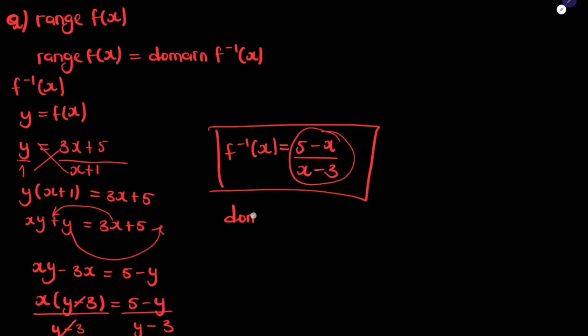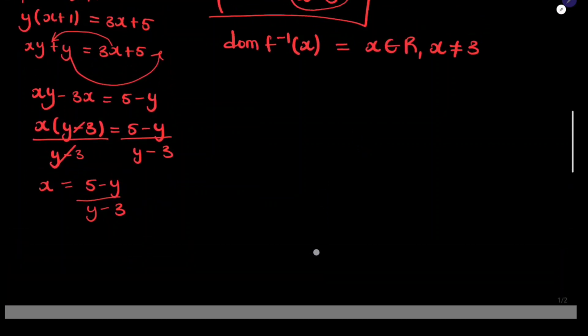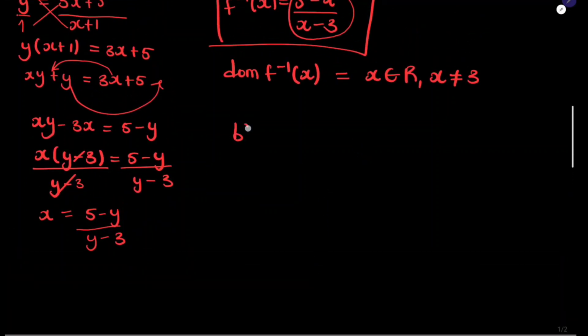So the domain of f inverse of x is equal to x, a set of real numbers, and x should not be equal to 3. So that is our domain. Okay, that is all for the first part.